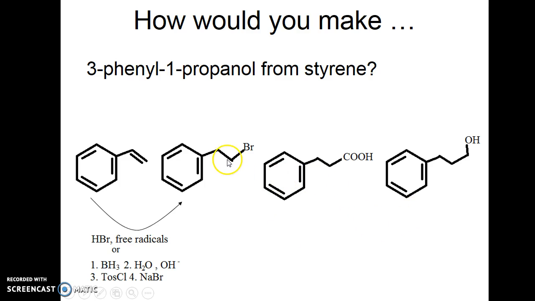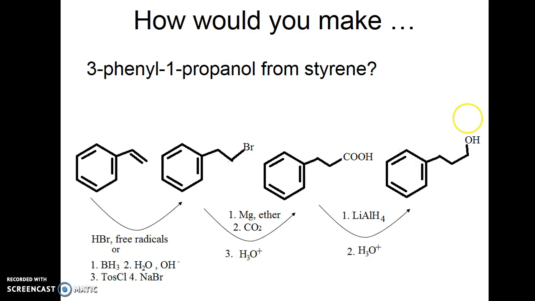Well, to go from the bromide to the carboxylic acid group, you could do an SN2 with sodium cyanide, or we can use a Grignard reagent and carboxylate it. Either would work fine. Once we have the carboxylic acid, what can we do? We can use lithium aluminum hydride to reduce it down to the alcohol.